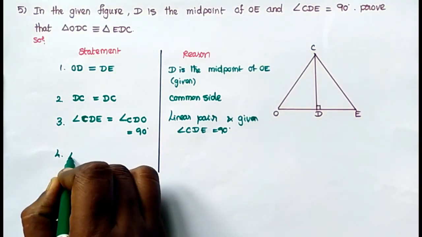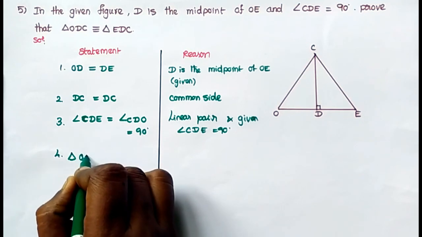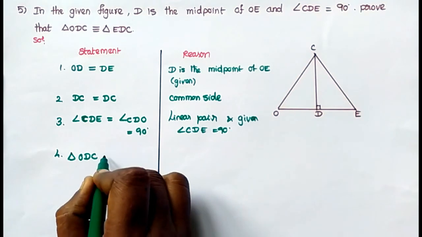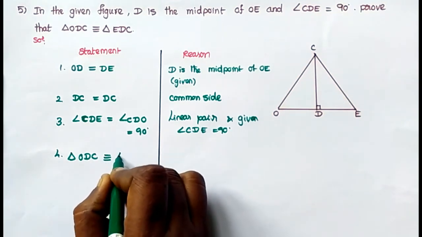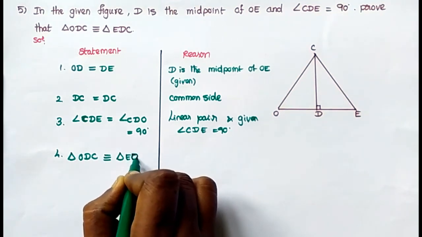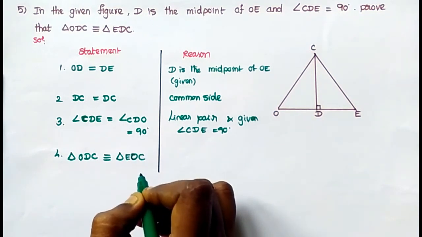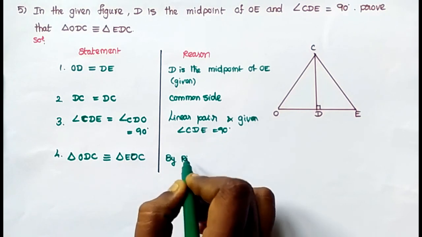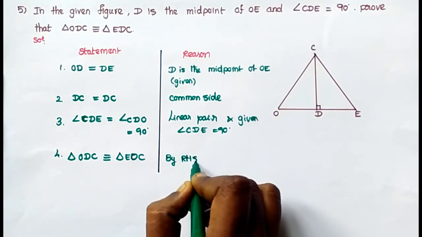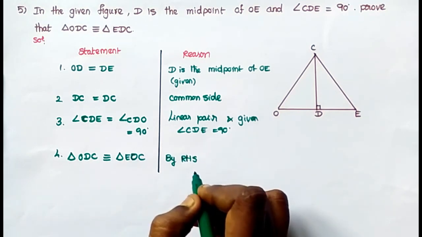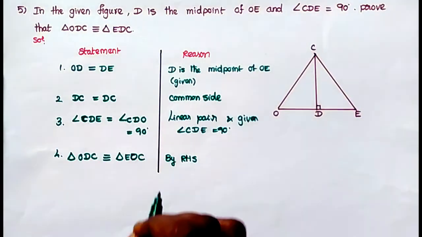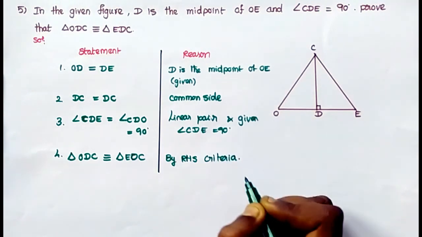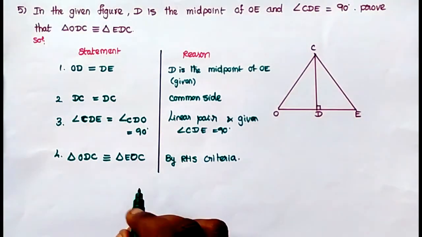Next, triangle ODC is congruent to triangle EDC by RHS, that is right hand side criteria. That is the answer, hence proved.